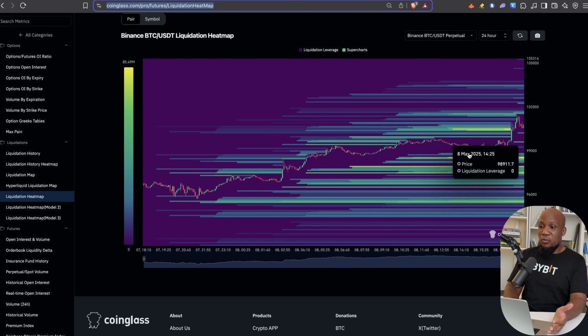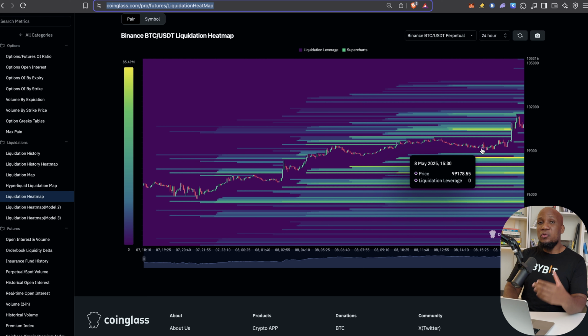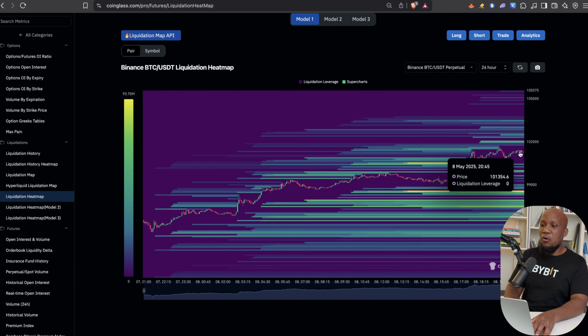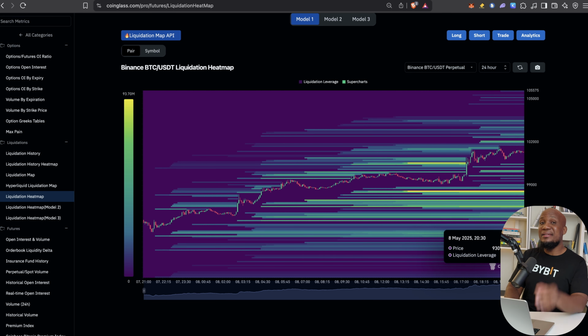Now, we know already that the market has moved beyond 100,000. Now, the question that you may be asking yourself is, what do you do from here? Let's go to a different tab. Now you can see the market is trading over $100,000. What we're looking for is the next point of interest on the market.